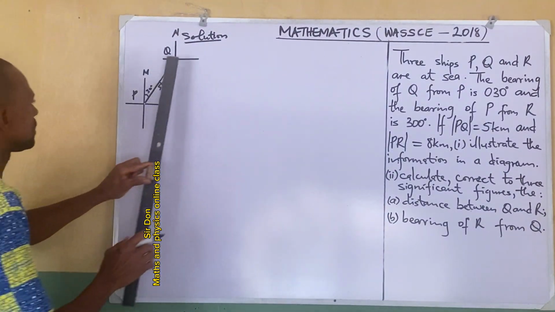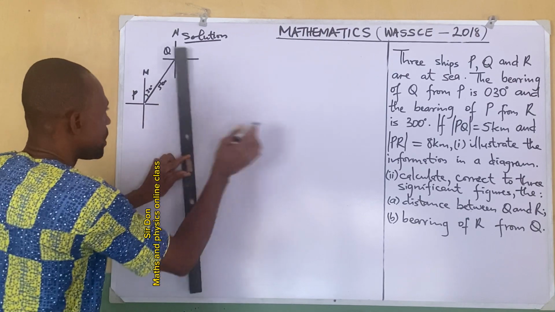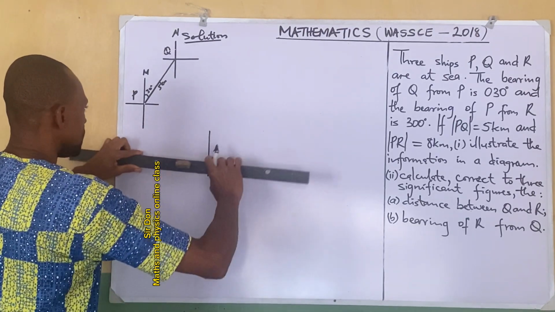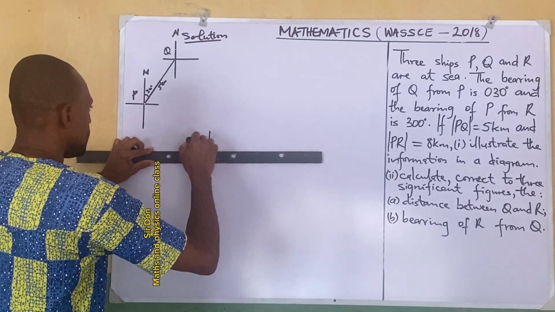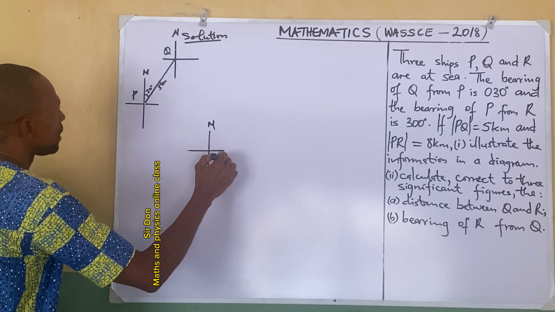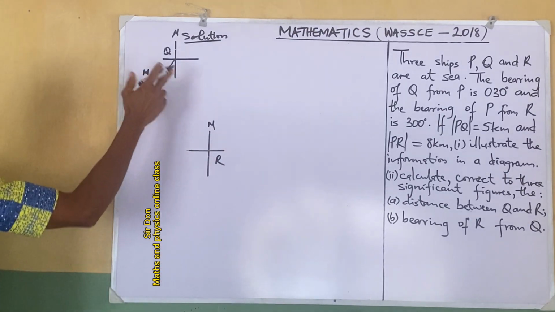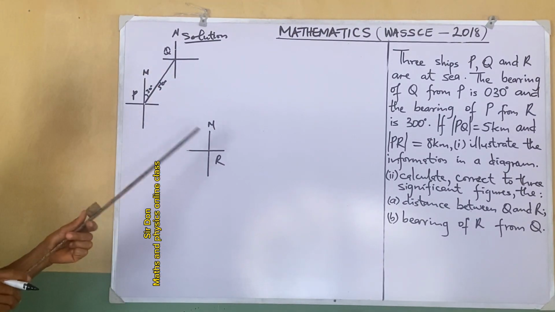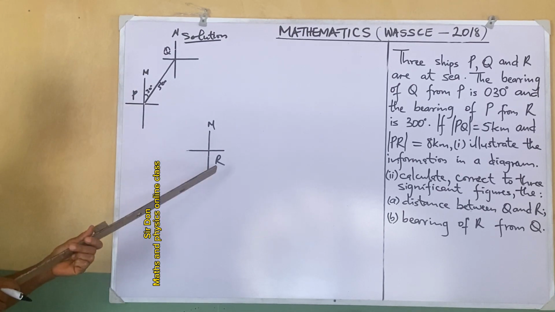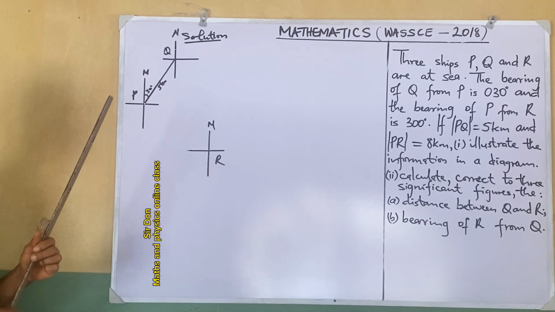So from R, you locate that ship somewhere here. This is ship R. So this is ship P, Q, R, but the bearing of ship P from ship R is 300 degrees.